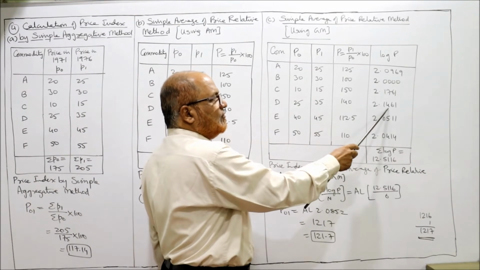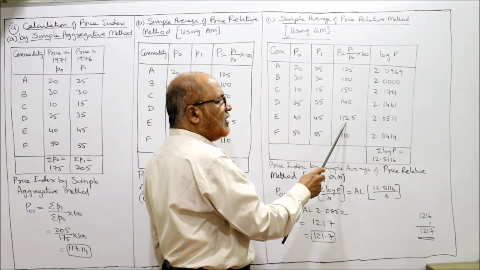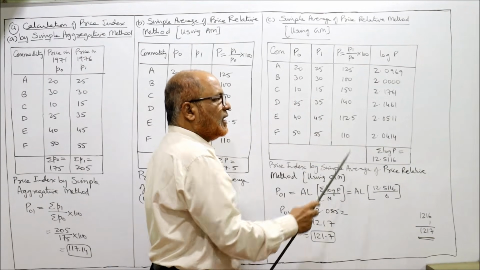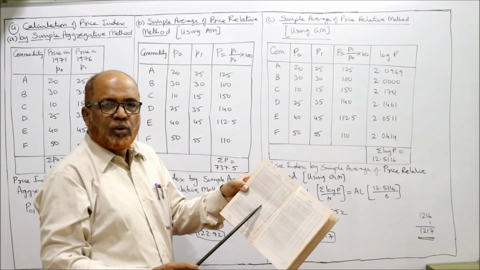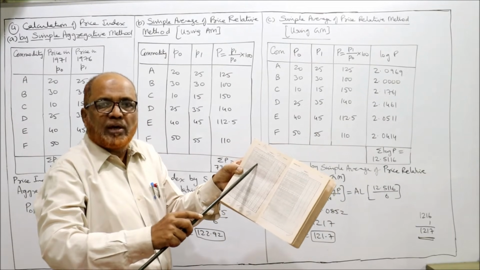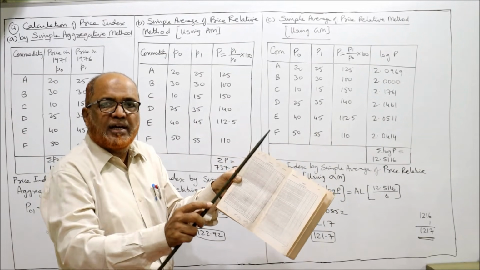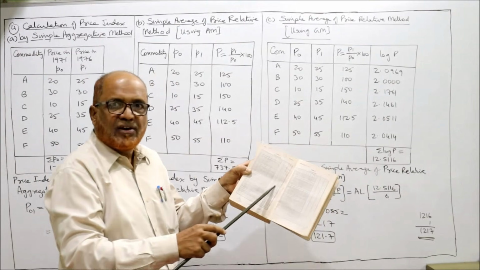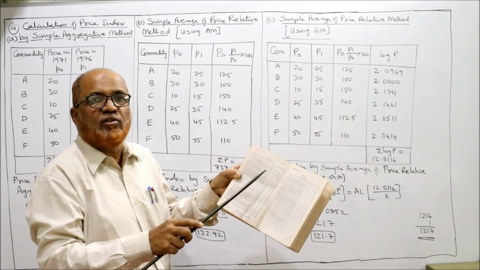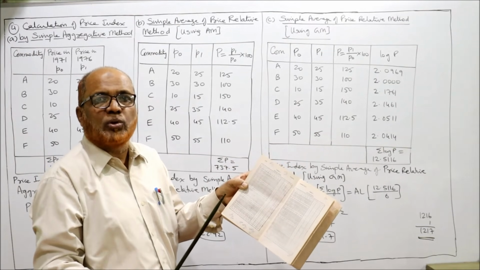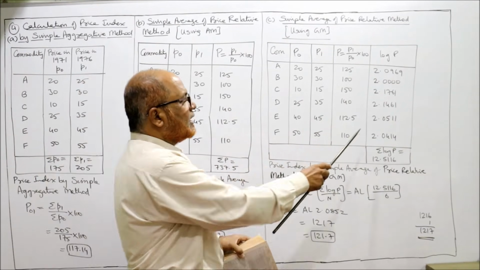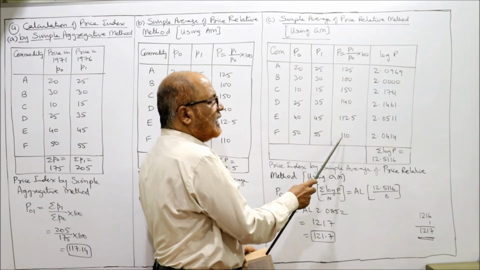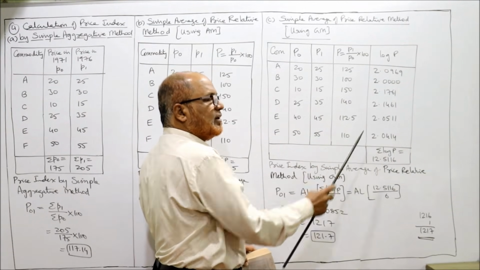14 under 0, 1461. 11 under 2, mean difference 5. In row 11, whatever comes in column 2, we write it down, and in the same row under mean difference 5, you find the value. Add up both and you will get 0511. Then 11 under 0, 0414.